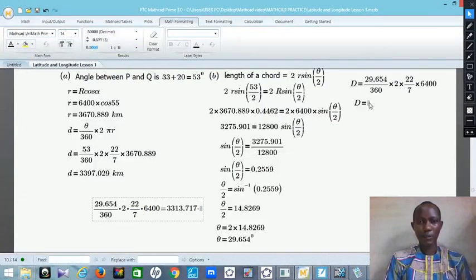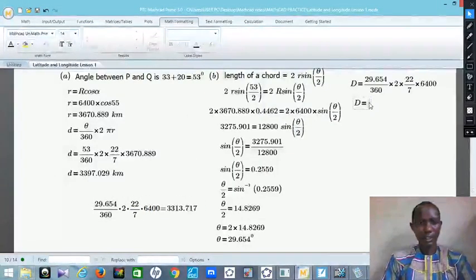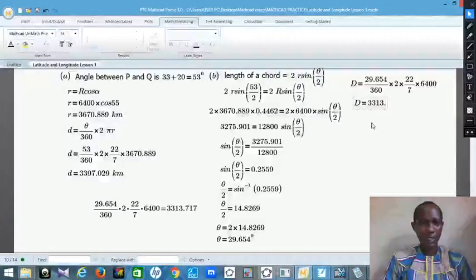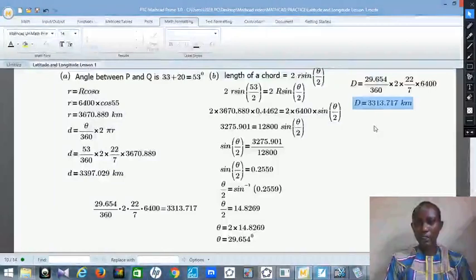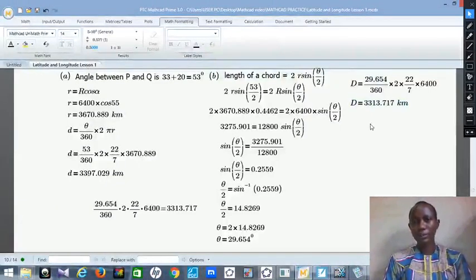So that is our final answer, 3,313.717 kilometers. So this is the distance along great circle.